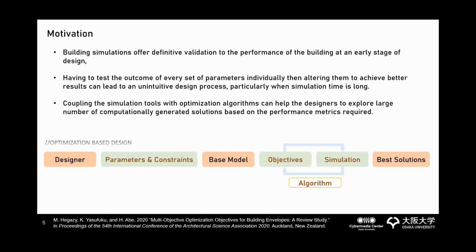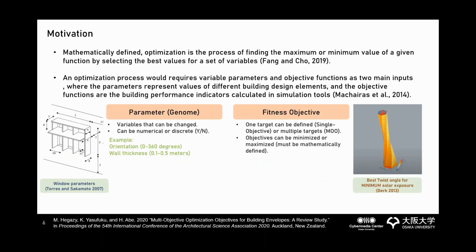However, the competing nature of building performance objectives, as well as the time-consuming process to simulate every scenario, makes it necessary to couple simulations with algorithmic optimization processes. In optimization, we can run many simulations with the goal to minimize or maximize an objective value.